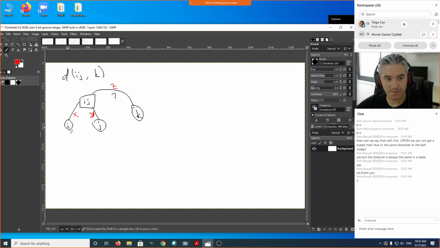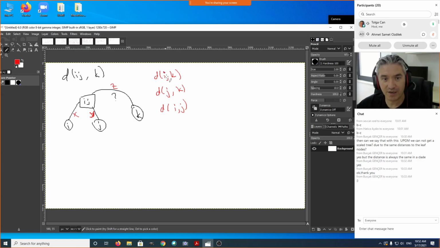The distance of i to k, the distance from j to k, and the distance between i and j. In the current iteration, I have these distances in my distance matrix.